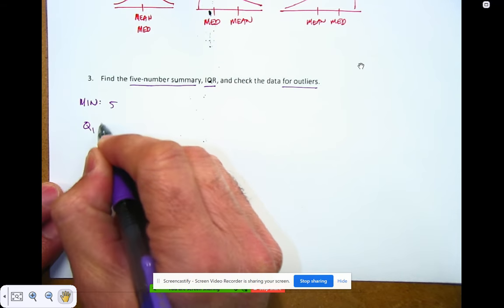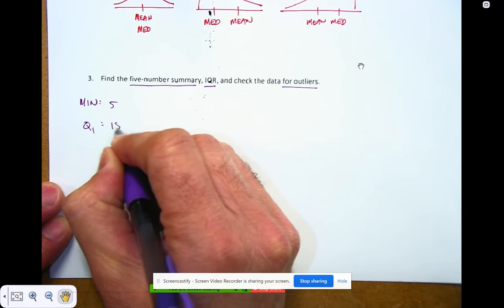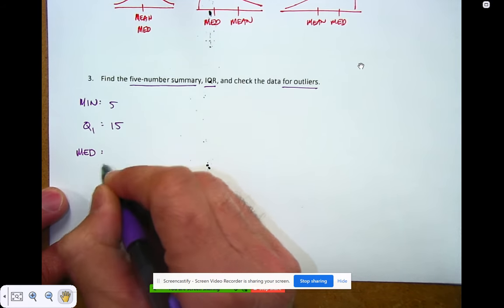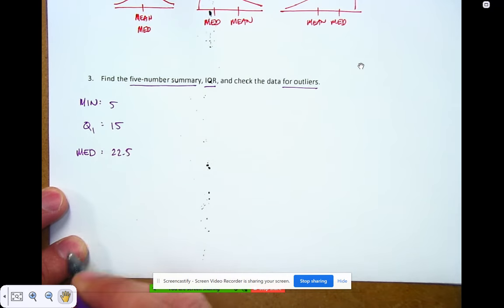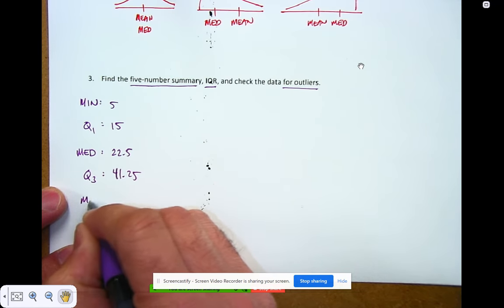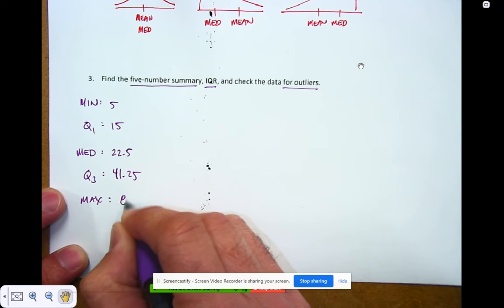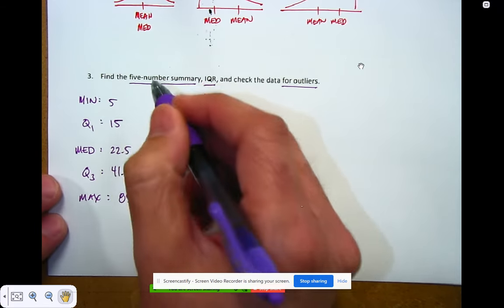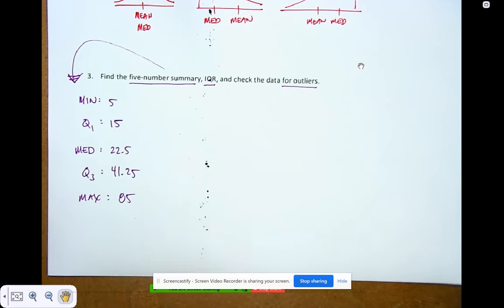My quartile 1, 25% up, was 15. My median was 22.5. Quartile 3 was 41.25. And my max value was 85. So that is the 5-number summary.